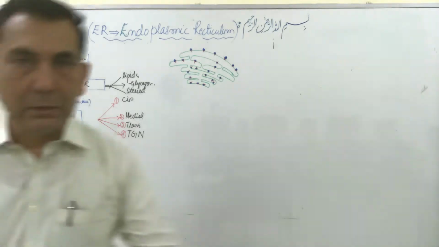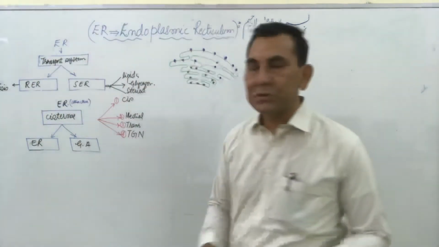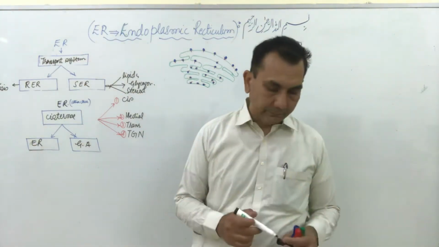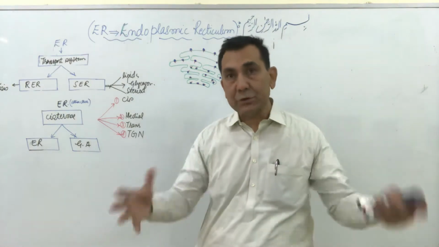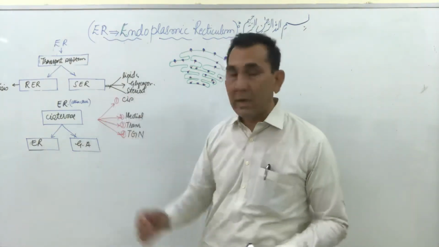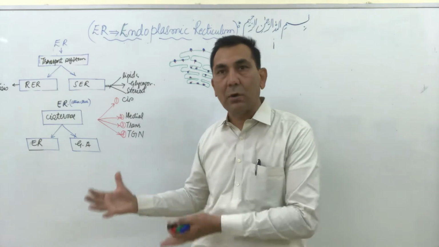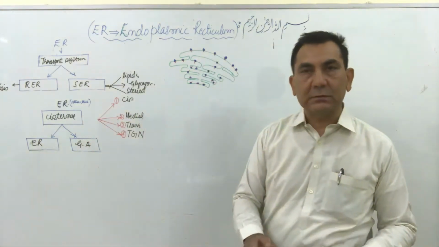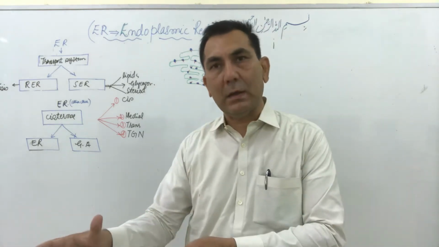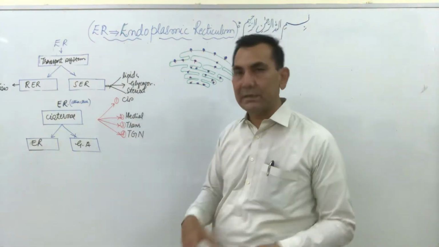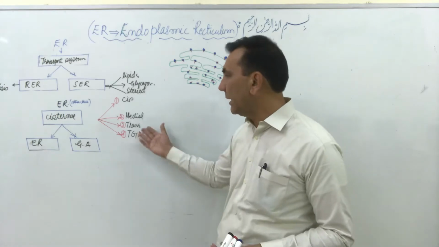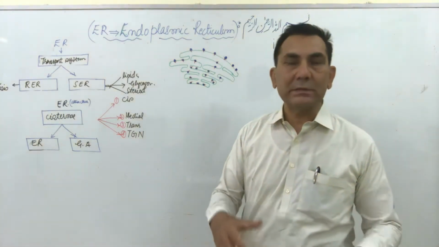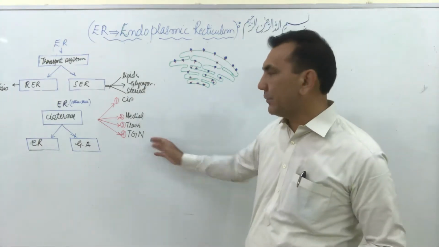As I told you earlier, this cisternae, which is the double membranous structure, makes the main structure of the endoplasmic reticulum and also of the Golgi apparatus. The cisternae is made up of four classes: the first is the cis, the second is the medial, the third is the trans, and the fourth is the trans-Golgi network.